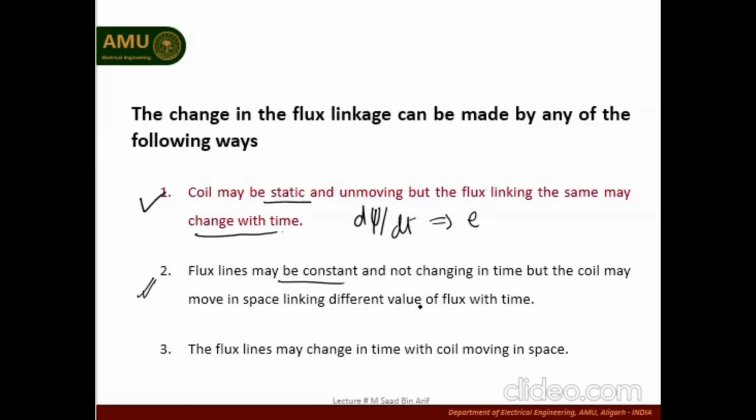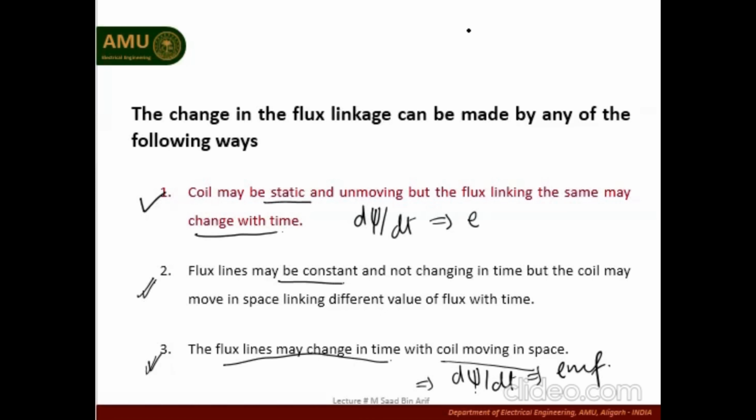Again, we have a rate of change of flux linkage. In the third case, we change both: the flux changes with time as well as the coil is moving. In this case also, we can easily get the rate of change of flux linkage. It means that the EMF will get induced in the secondary coil. So these are the three ways we can obtain an EMF induced in the secondary coil.